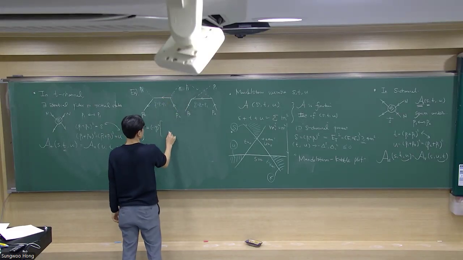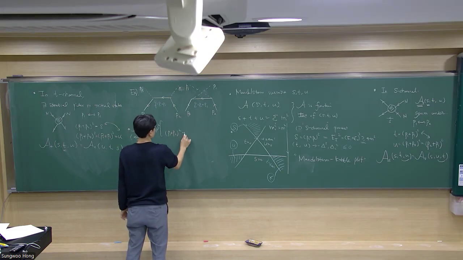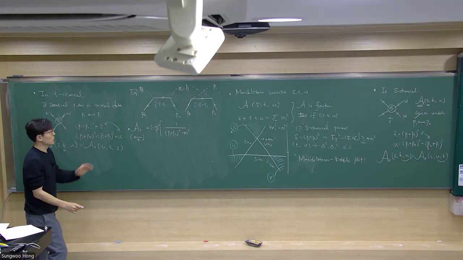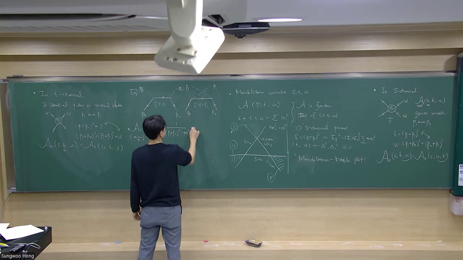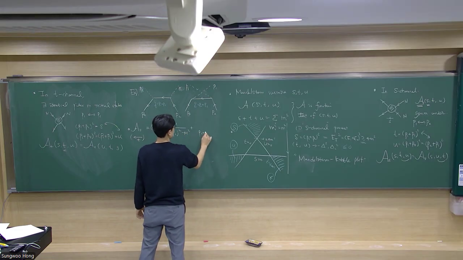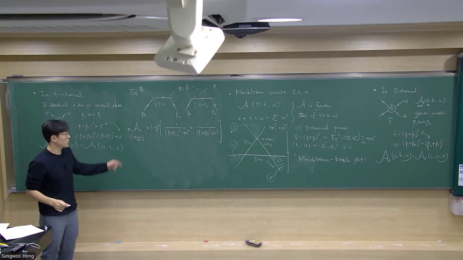So that gives me P1 plus P2 squared, and then minus M squared, like that. So let me not worry about the i epsilon prescription for now. And then the second one, the same thing, but gives me P2 plus P3 squared minus M squared. So that's the amplitude you're going to write.